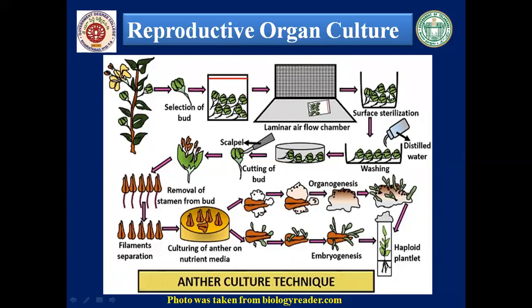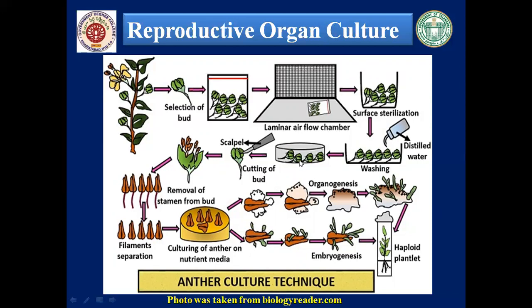The surface sterilization, as you know, goes with Tween. Next, washing with distilled water. After that, 70% alcohol for 10 seconds. Then 2% sodium hypochlorite for 10 minutes. Then thoroughly wash with distilled water.